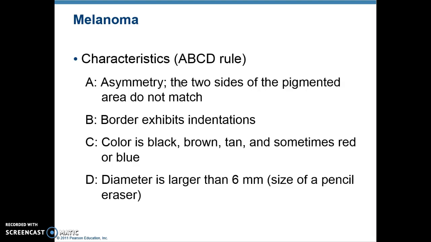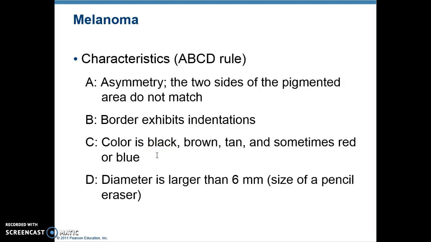So if it's not a circle, or it has a very irregular border, or the pigment isn't even, then that's not a good sign. If you have an irregular border, so circular, oval, or otherwise, if the border has a lot of indentations and invaginations, this is more indicative of melanoma.